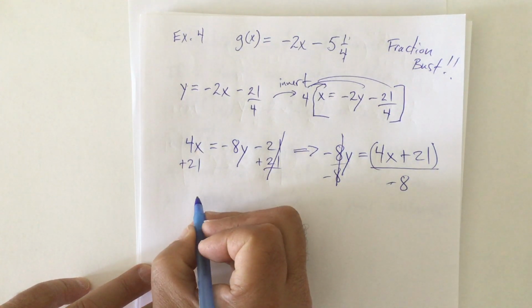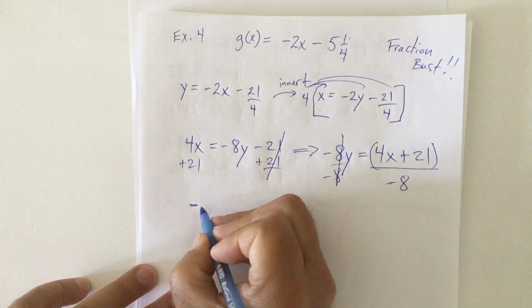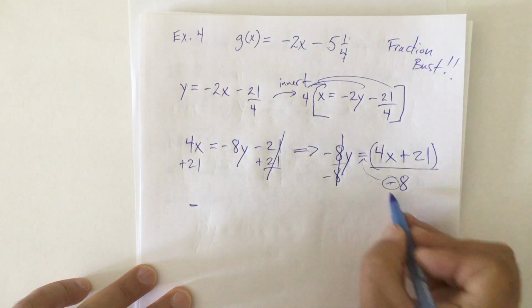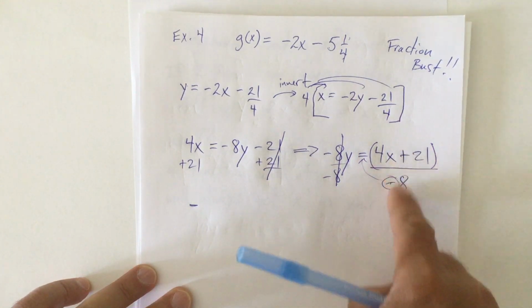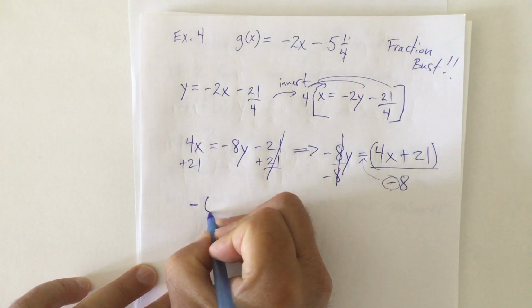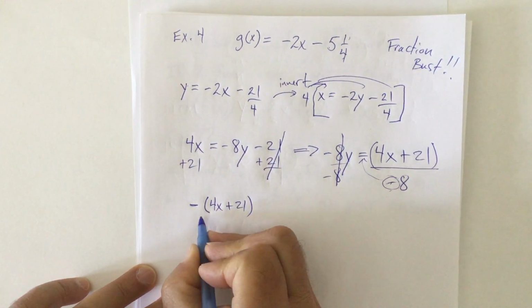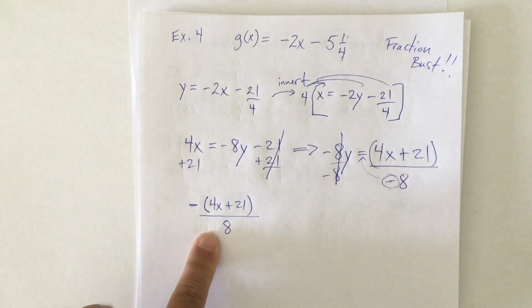So if I'm going to rewrite this, I could rewrite it with the negative on the top. But remember, if I take that negative and I put it on the top, it's no longer in the bottom, because a negative divided by a positive is the same as a positive divided by a negative. But it would actually hit both pieces of the top. So that is one beautifully written problem.